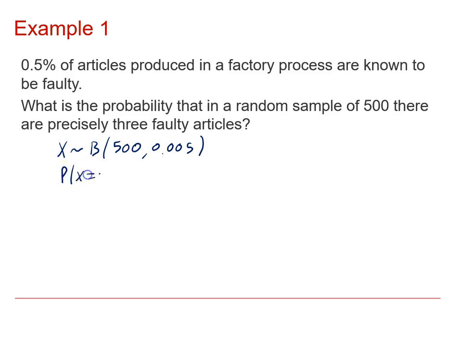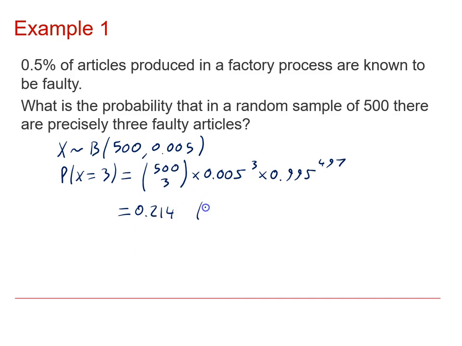The probability that x equals 3 is equal to 500 choose 3 times 0.005 to the 3 times 0.995 to the power of 497. Pop that in the calculator. 0.214 to 3 significant figures. So in actual fact, it is exactly the same to 3 significant figures, a fairly accurate approximation.